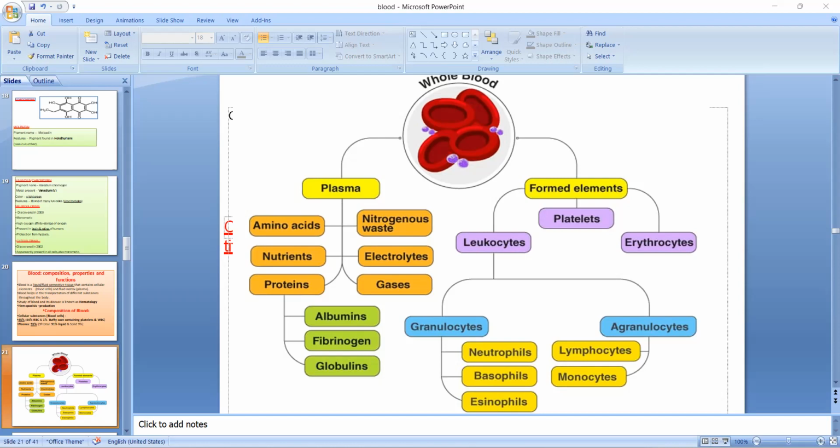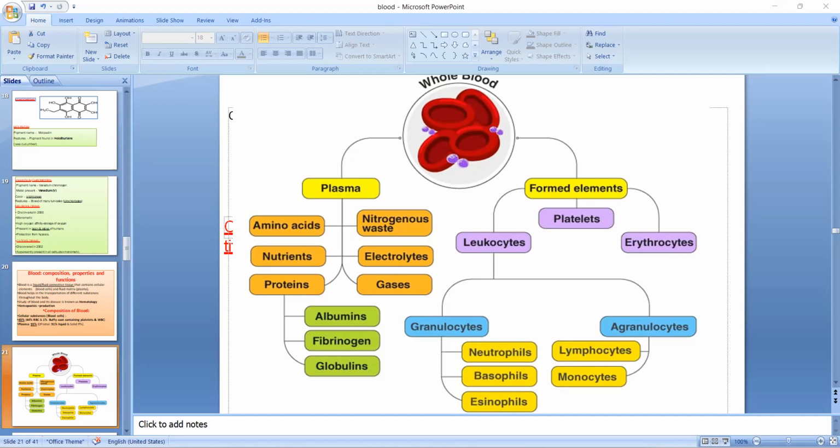The organic substances include amino acids, nutrients, and proteins. Particularly, remember these: albumins, globulins, and fibrinogens, and in addition heparin is also seen as a plasma protein.